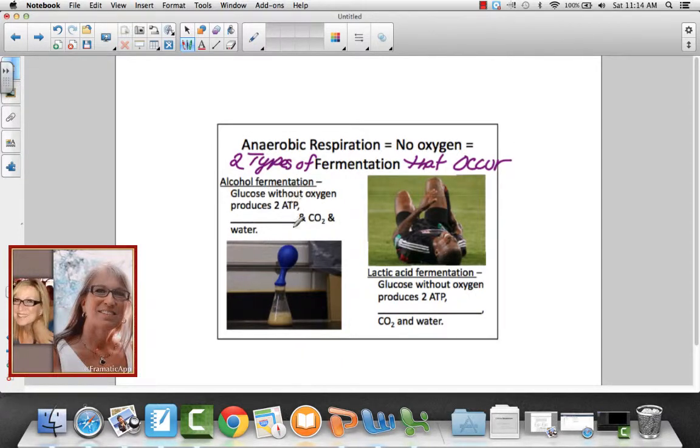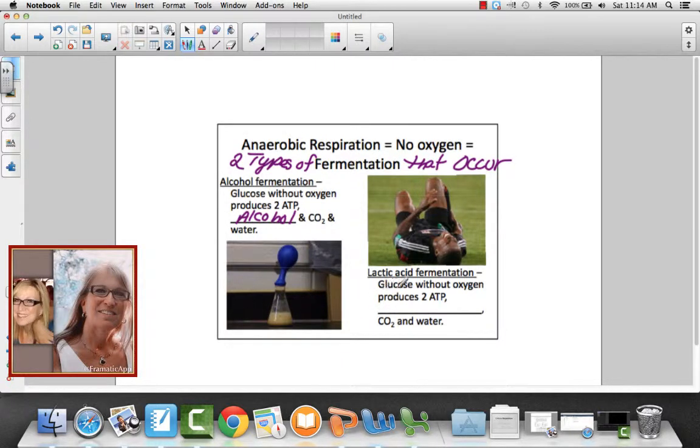One is called alcohol fermentation. That's glucose without oxygen produces ATP, alcohol, carbon dioxide, and water. And this is how they make wine. Okay? We're actually going to do a fermentation lab.